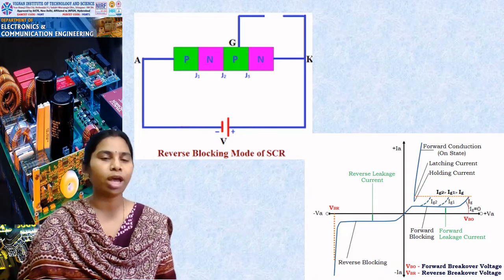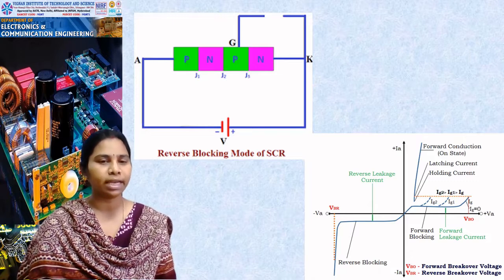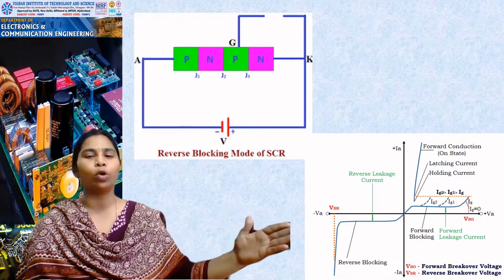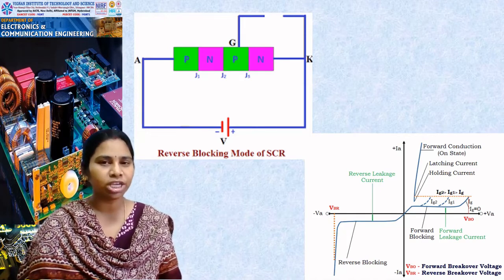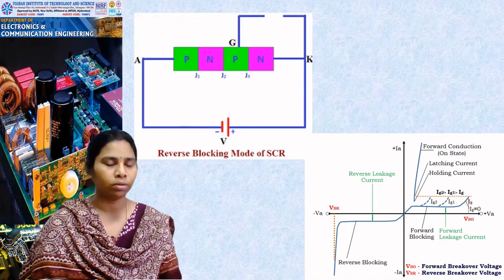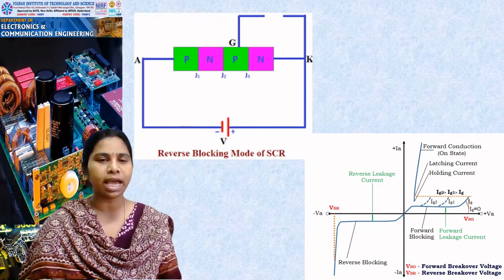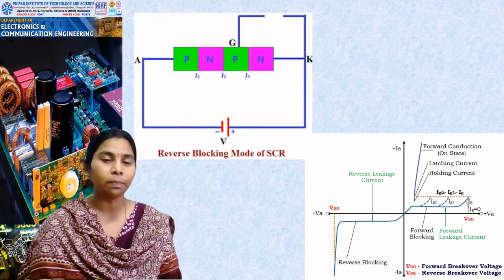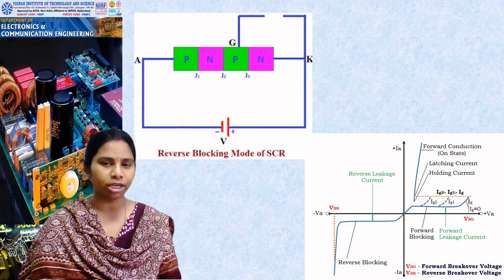Let us consider you have further increased the reverse bias voltage from -1 to -10. So you have reached some voltage of -10. At that point, junctions J1 and J3 will break down, and when the junction breaks down, you see a heavy flow of current. That breakdown current will be added to the forward bias current of J2.